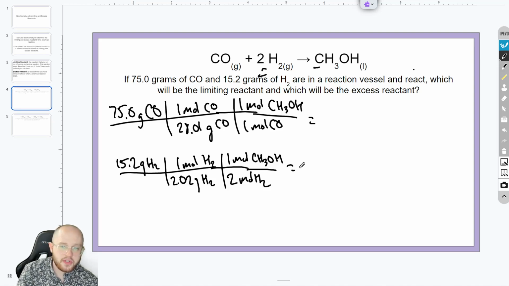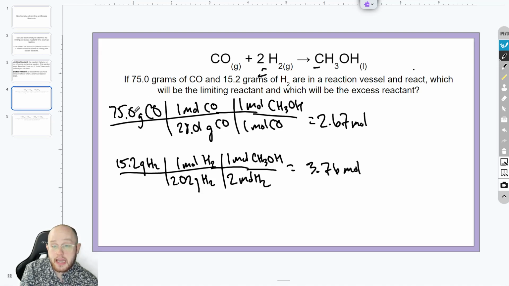When you put both of these in your calculators, you're going to get the value 2.67 moles, and you're going to get 3.76 moles. This tells me if 75.0 grams of carbon monoxide completely react, I will form 2.67 moles. If 15.2 grams of hydrogen completely react, I will form 3.76 moles.